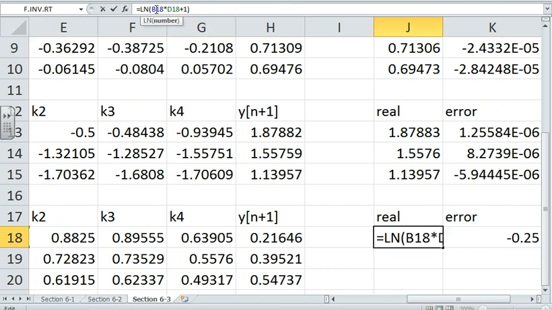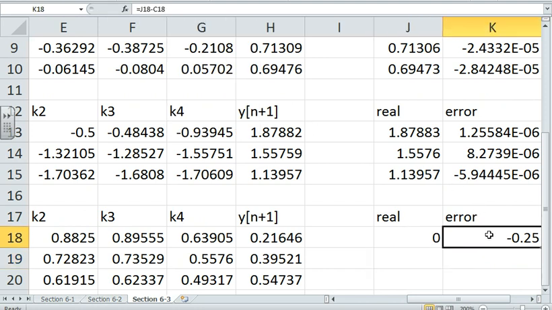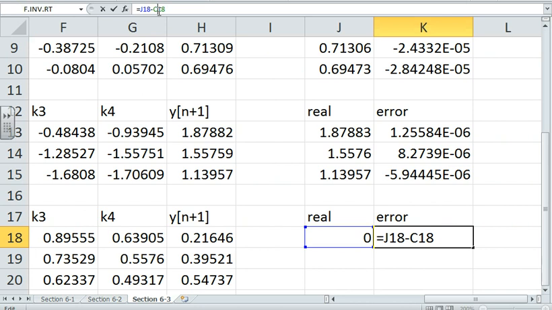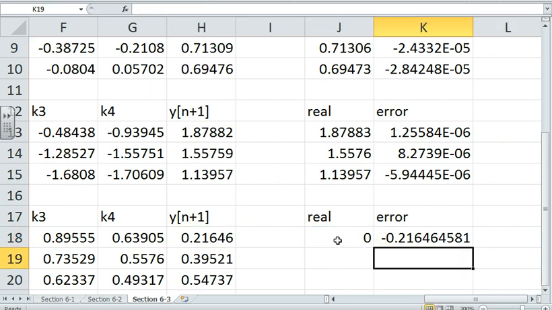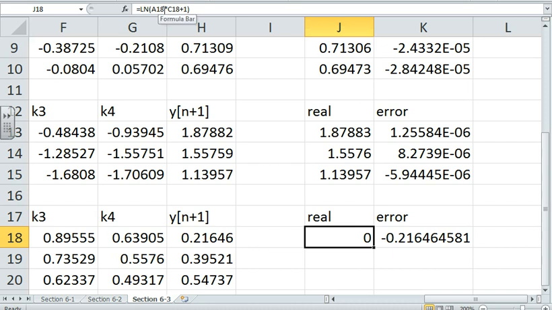So this has to be A, C, enter, and this has to be, well, J, okay, J18, H18, but this guy here has to be X. So this has to be parentheses plus 1 close parentheses. Yeah, I think that one's right.